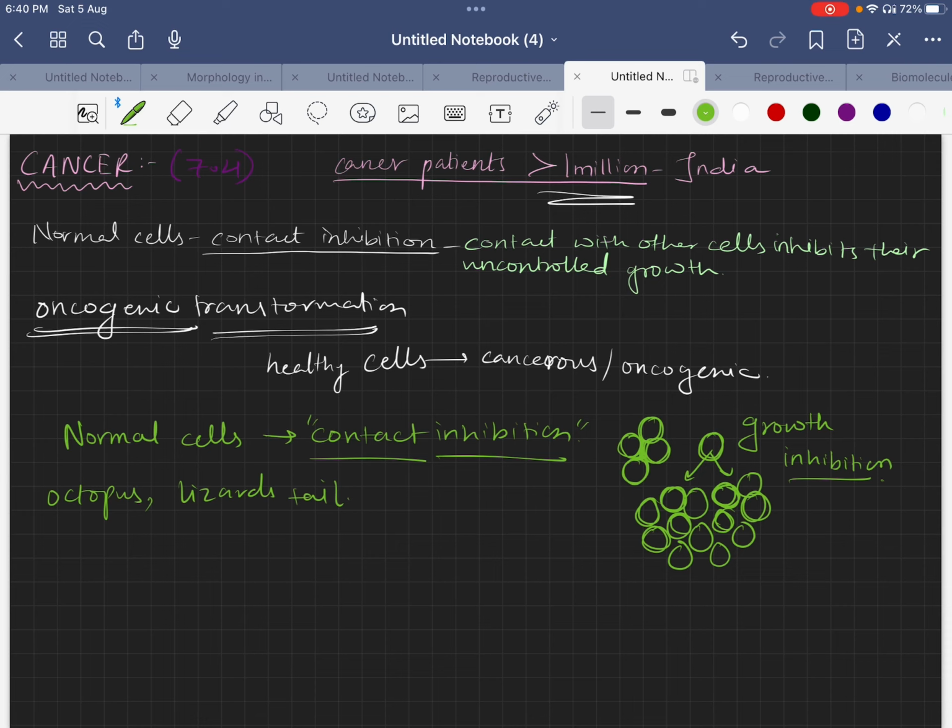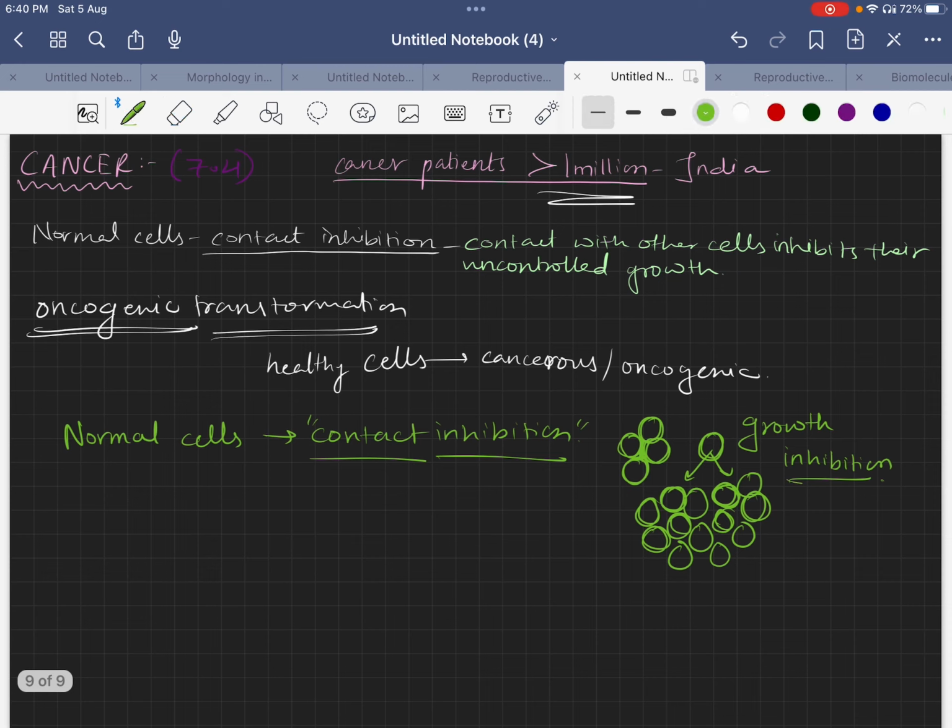Some animals can even shed their tail to protect themselves from predators. It's a very painful process, I've heard.